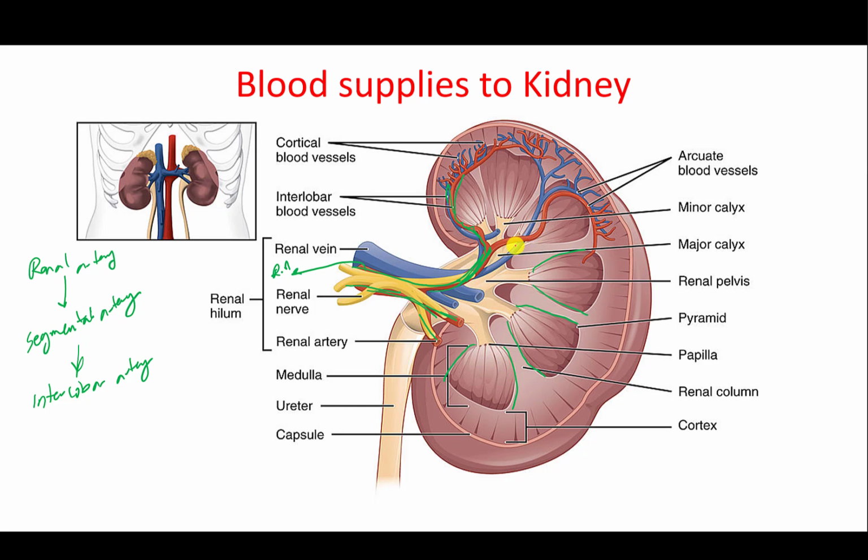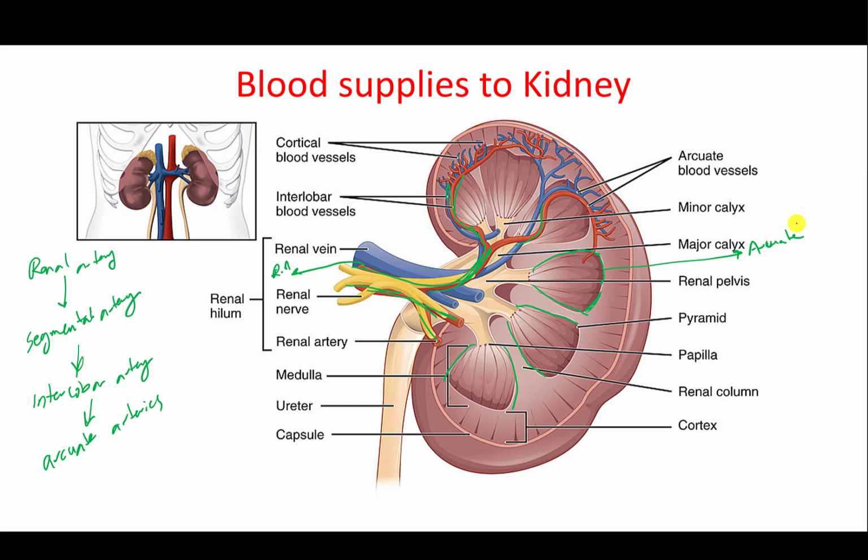All of these I'm drawing are interlobar arteries. Once they are at the base of the pyramid, they will turn and keep walking along the base of the pyramid. At that point, we call them arcuate arteries. So this is the arcuate.